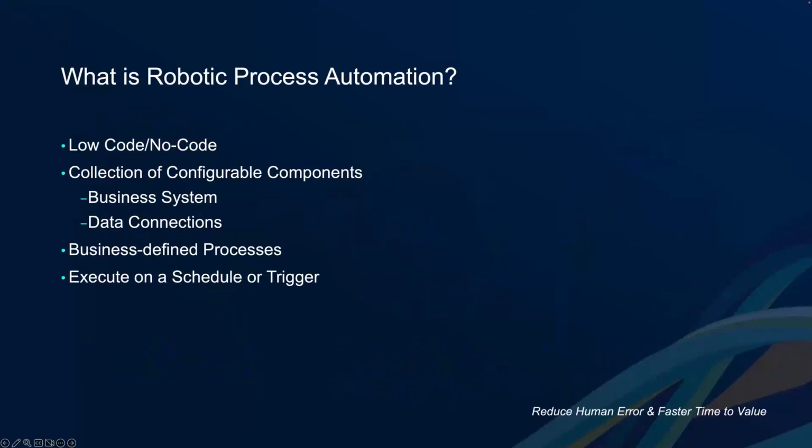Now, some of the key tenets around robotic process automation is that it's coming from a low code and no code configurable platform. So this means that it is drag and drop into interfaces. And if it does involve code, they're Excel-like functions.